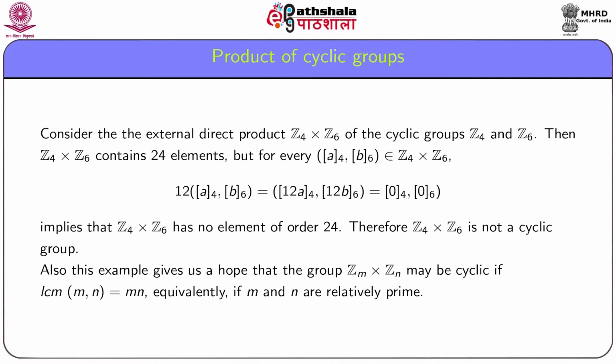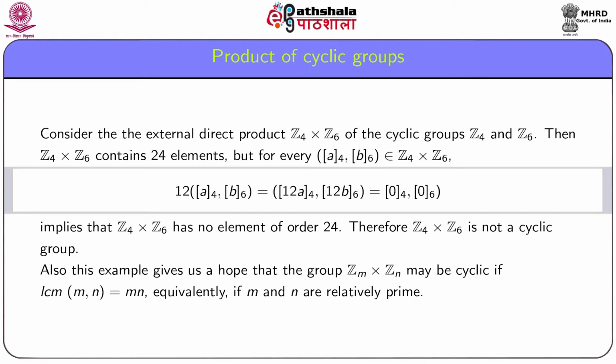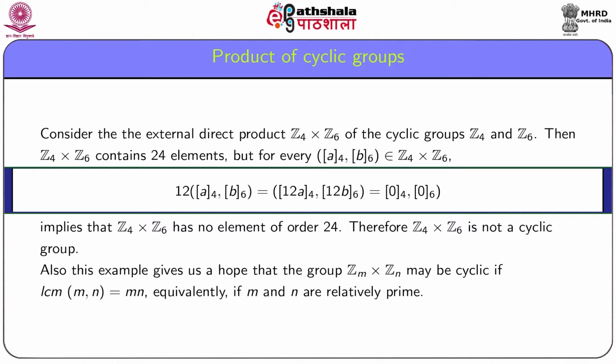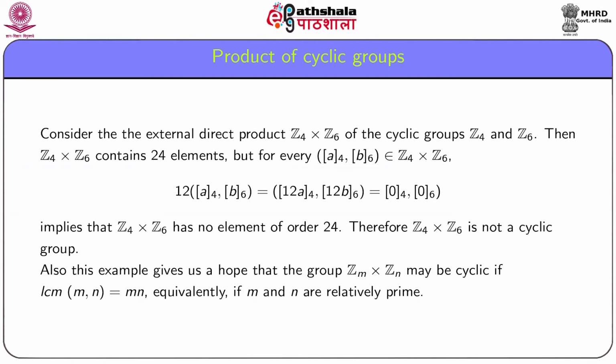So, consider an arbitrary element (a, b) from Z4 cross Z6. Then 12 times (a, b) is equal to (12a, 12b).